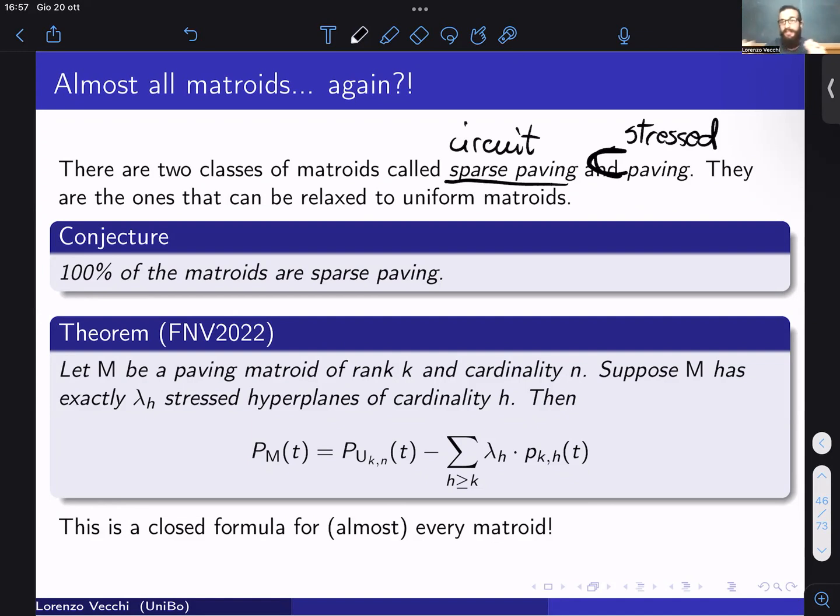So it's a subclass of paving matroids where circuit hyperplanes were a special case of stressed hyperplanes. And if you know a bit more about matroids, being sparse paving means that you are paving and your dual is also paving. So this is how sparse paving matroids are defined. Thank you. Any other question?